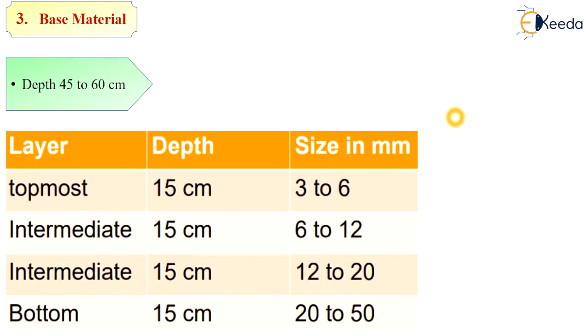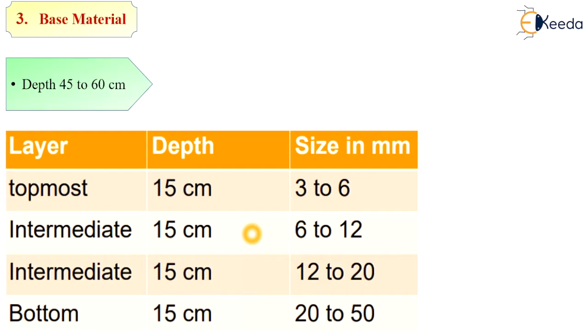So next is base material. Gravels are generally put in the form of base material. The depth of gravel should be taken as 45 to 60 centimeters. As you can see in this table, similar to slow sand filtration, the first two layers are of sand.